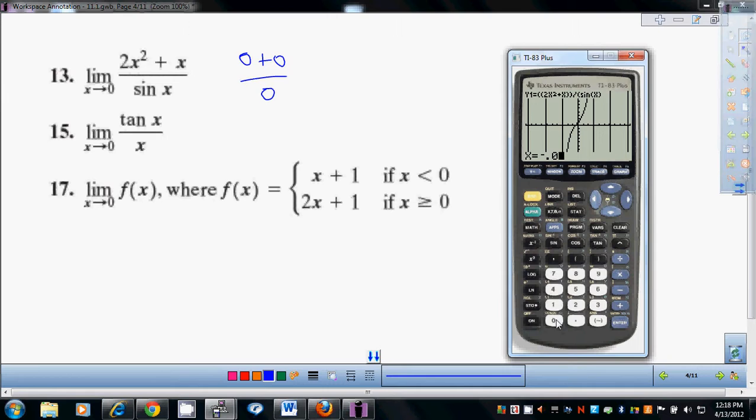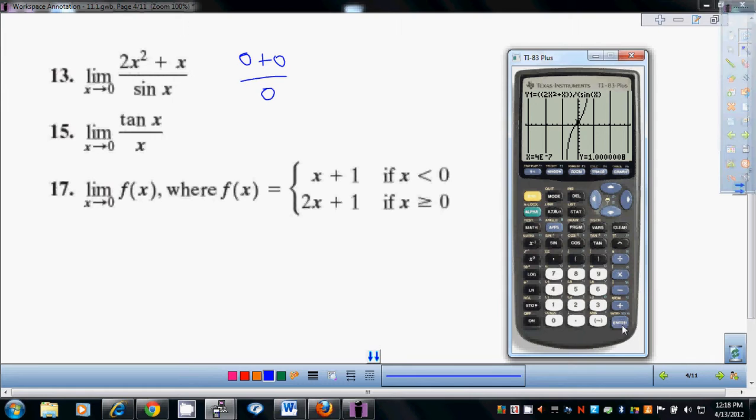We need negative 0.0000001. Enter. What does it look like the y value is? Yeah, it's going closer to 1. Let's try from the other side. What's a number just greater than 0? 0.0000001. Enter. And what's it getting closer to?